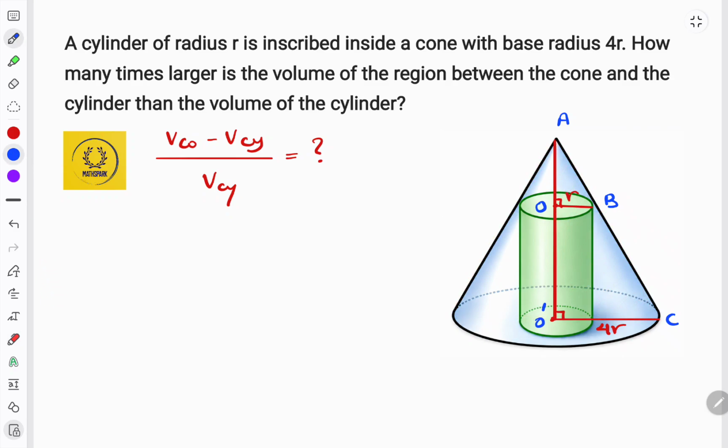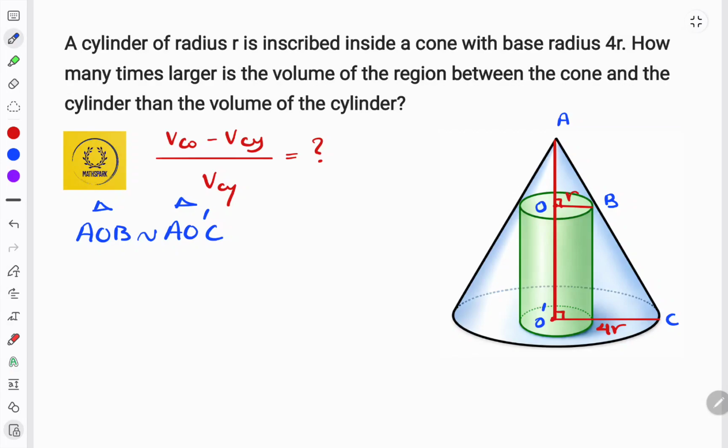In fact, we have two triangles, the small one AOB and triangle AO prime C. These two triangles are similar. The reason is that both triangles share the same vertex angle and both have right angles. So according to angle-angle, these two triangles are similar.